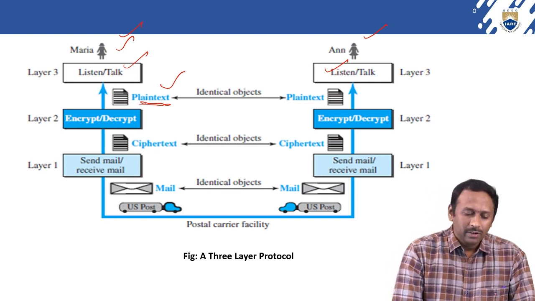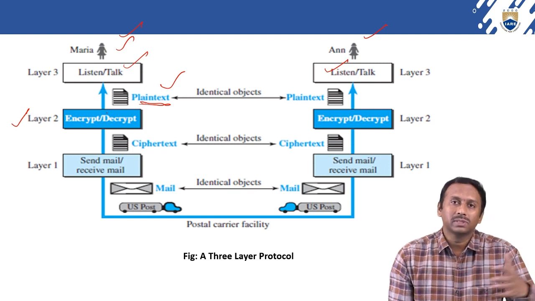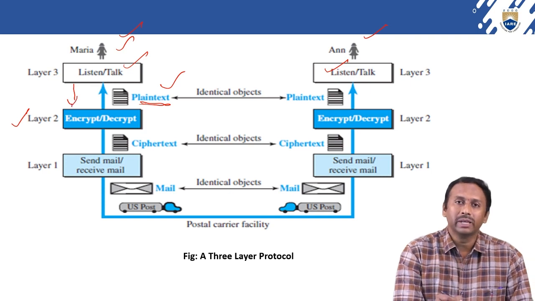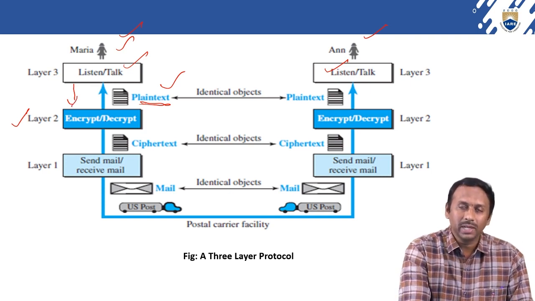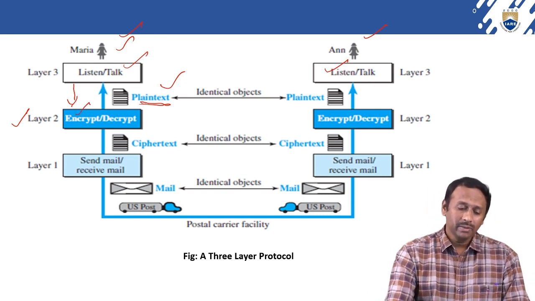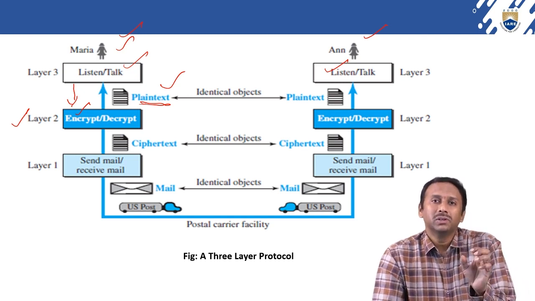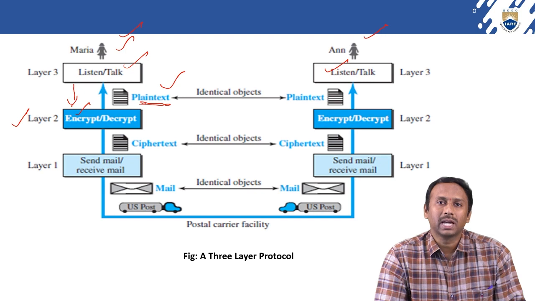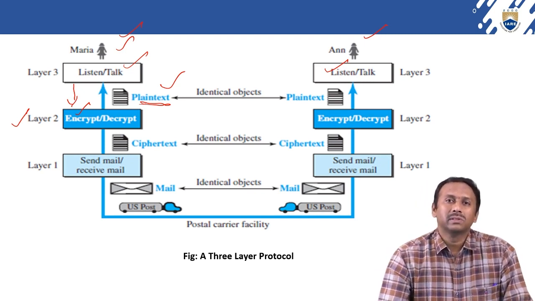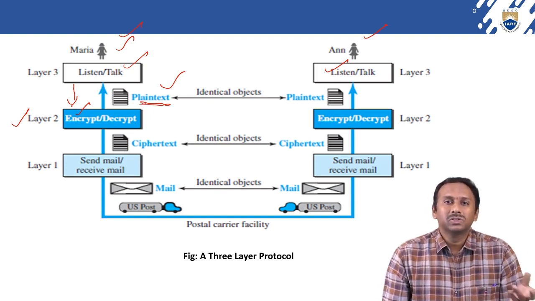In the second layer, whenever they are going to talk or send a letter, it goes from layer 3 to layer 2. When it reaches layer 2, what happens? Encryption. When encryption starts, the English letter Maria types is converted into symbols, numerics and the like, a combination of letters, numbers and symbols.